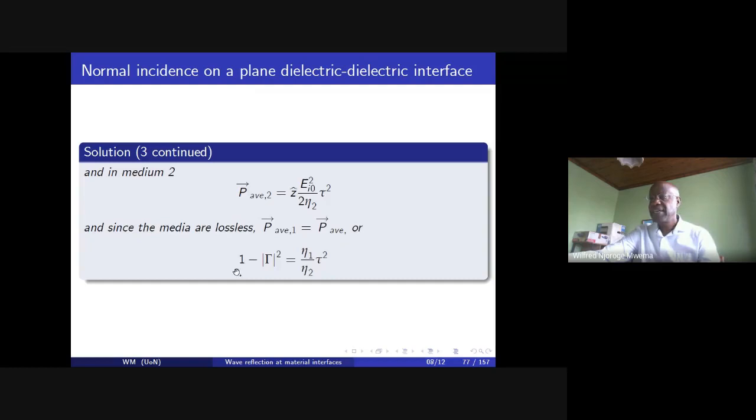In other words, 1 minus the magnitude of gamma squared must be equal to the ratio of the impedances of the two media multiplied by the transmission coefficient squared. When this is a complex value, we should use the modulus, just like we are using here. I think that's what I'll do when I correct these slides. We just put the modulus so that we can see that this is a real value, so to speak.